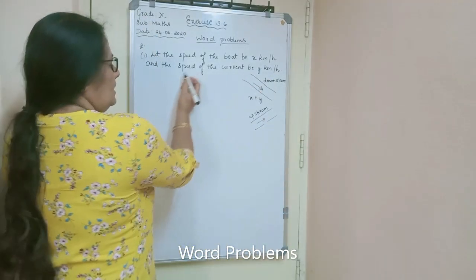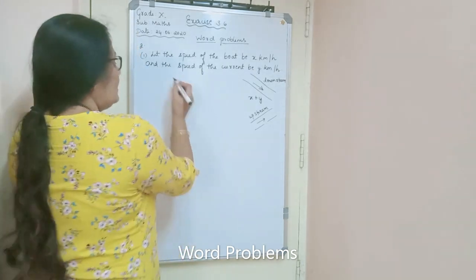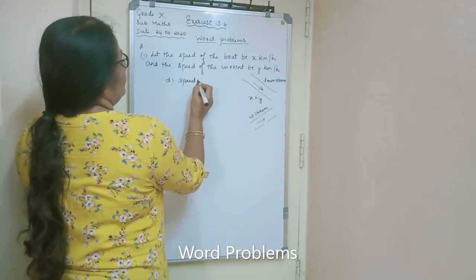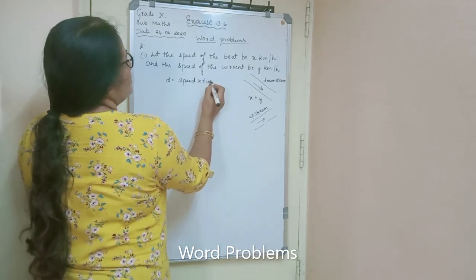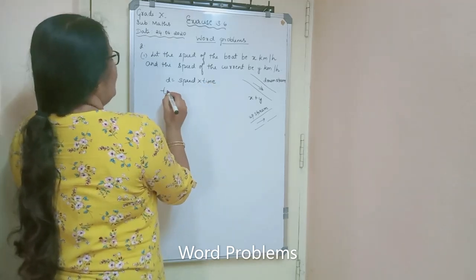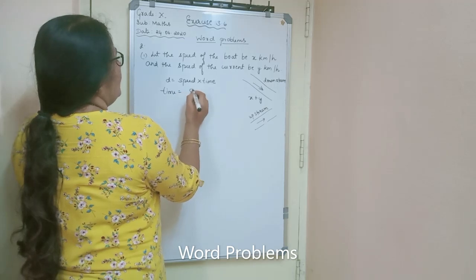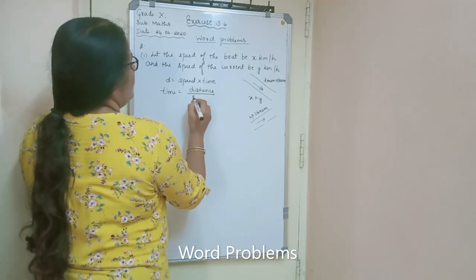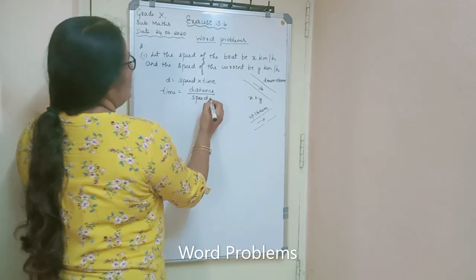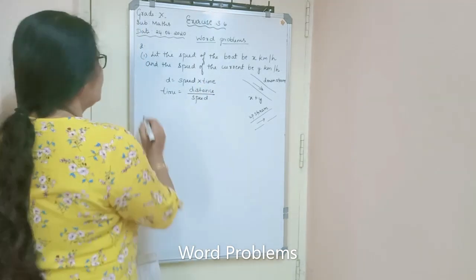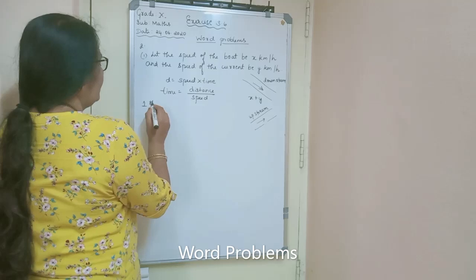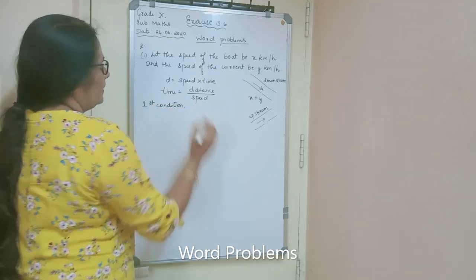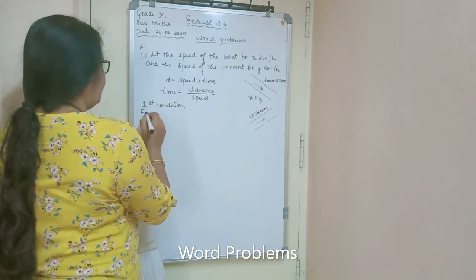Therefore, here we are using the formula distance equals speed into time. So time is equal to distance upon speed. Now the first condition, for downstream.